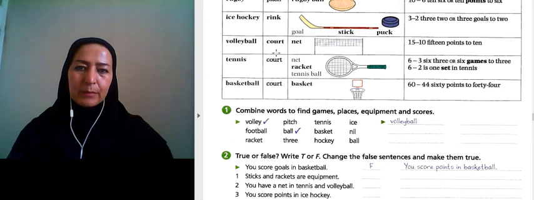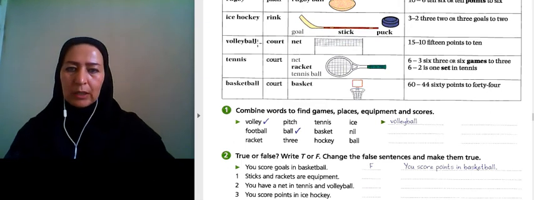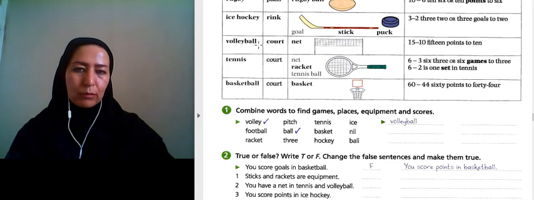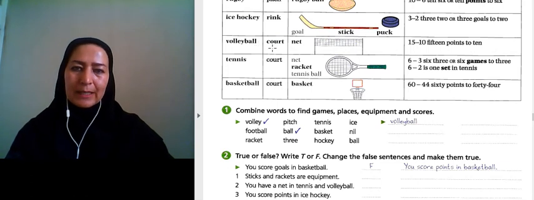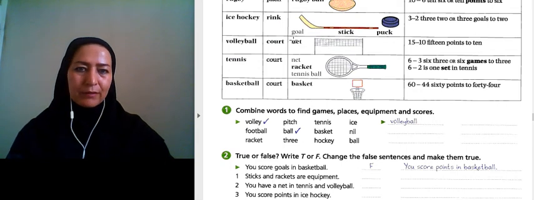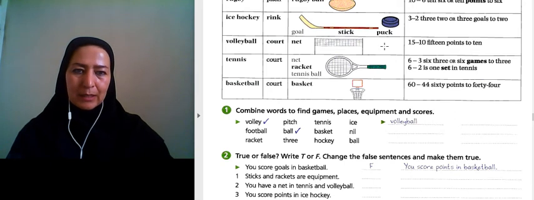The other game that we're going to learn is called volleyball. In our own language, it is exactly the same. We say volleyball. Court is the place that we play volleyball, and there is a net. What do we need for volleyball? We need a net. And also, again, we need a ball, but it's not written here.